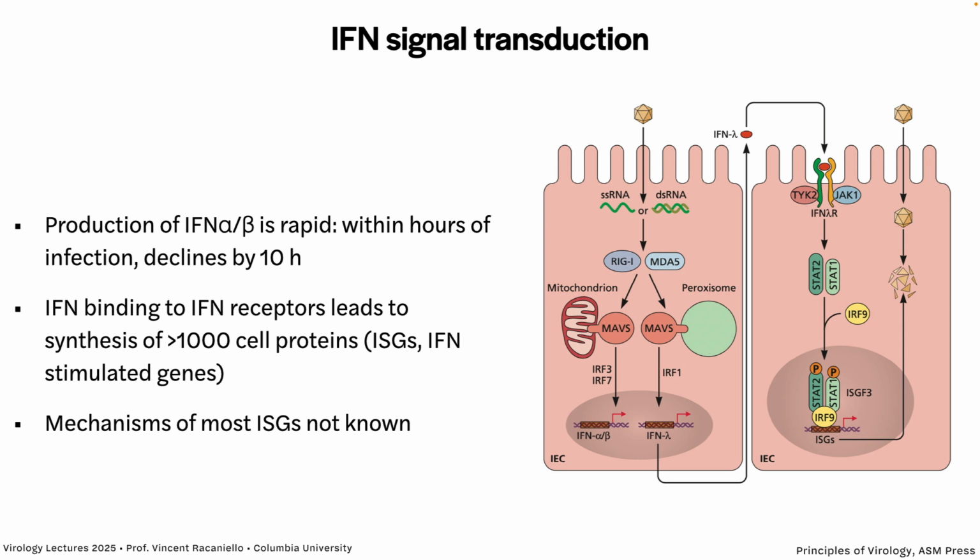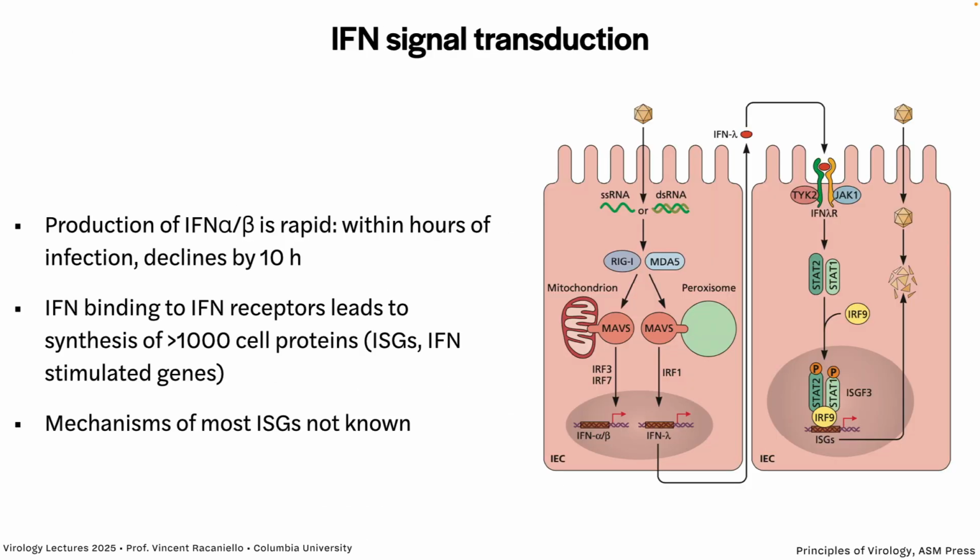You see this ISG is breaking up a viral capsid. Interferon itself has no direct antiviral activity. It's the interferon-stimulated genes and their encoded proteins that have the antiviral activity. So interferon is used as a treatment for some virus infections. It's not the interferon that's treating the infection, it's the genes induced by it.